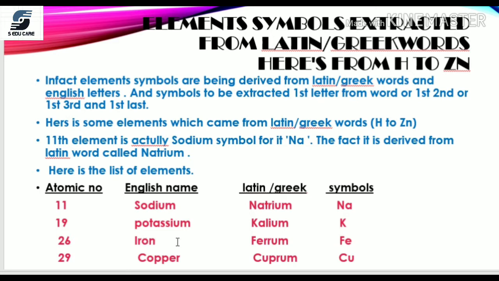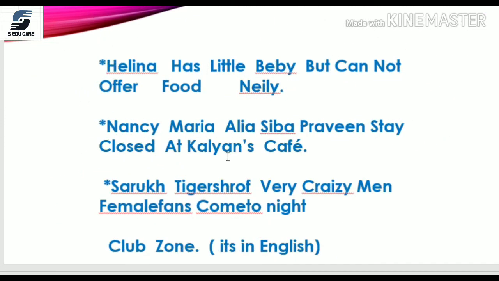The 11th element, sodium, has the symbol Na, derived from the Latin word natrium. The 19th element, potassium, has the Latin name kalium, and the symbol is K. Similarly, the 26th element is iron, its Latin word is ferrum, and the symbol is Fe. The 29th element is copper, its Latin name is cuprum, so Cu is the symbol.